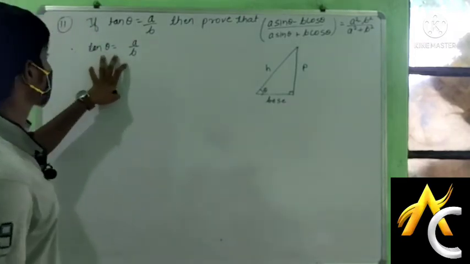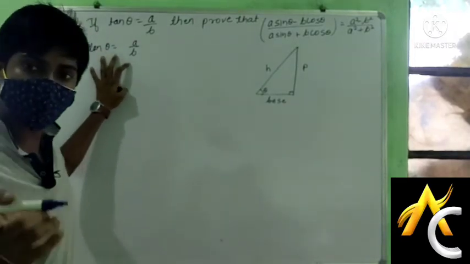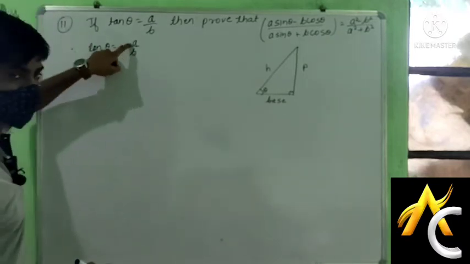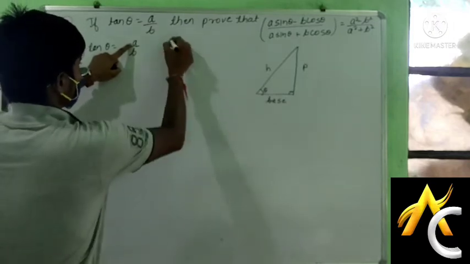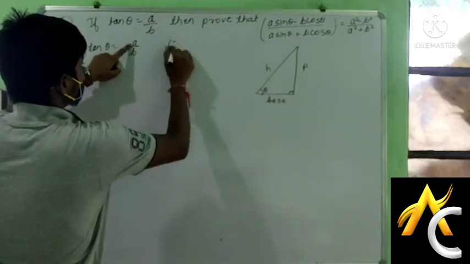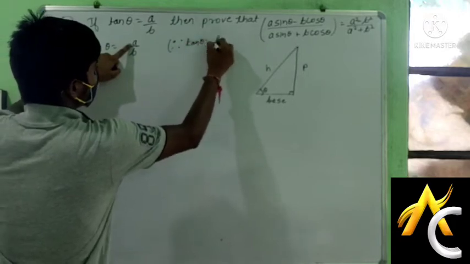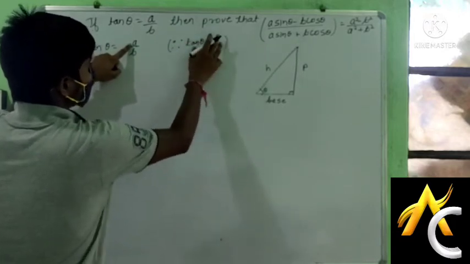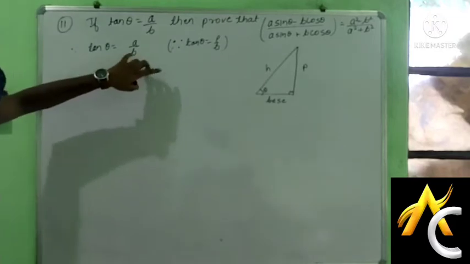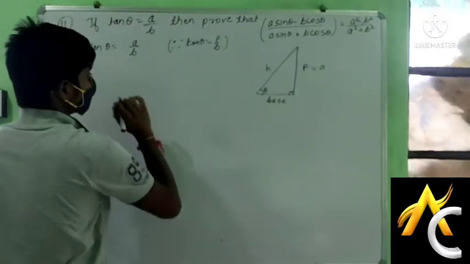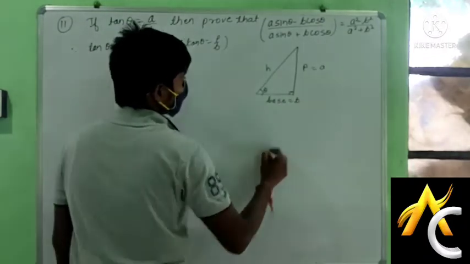And by comparing tan theta, and as we know that tan theta is equal to p by b, that is perpendicular height by base, so the value of p will be a, since tan theta is equal to p by b. So just compare this p by b with a by b, then the value of p is a, and base will be b.